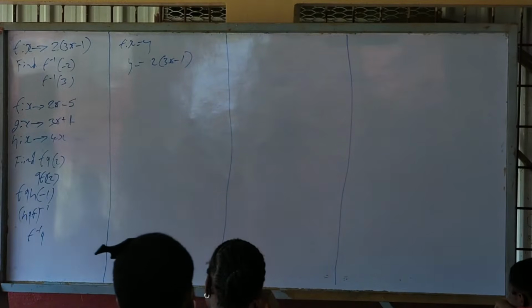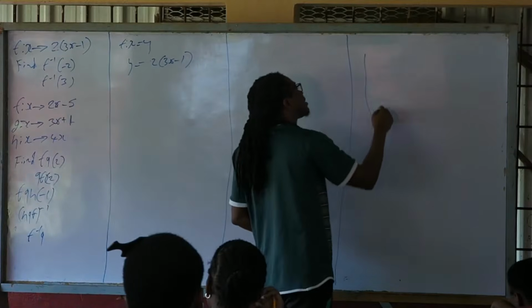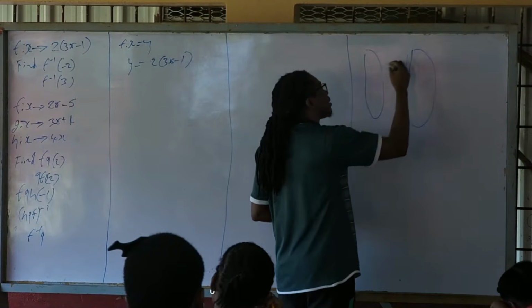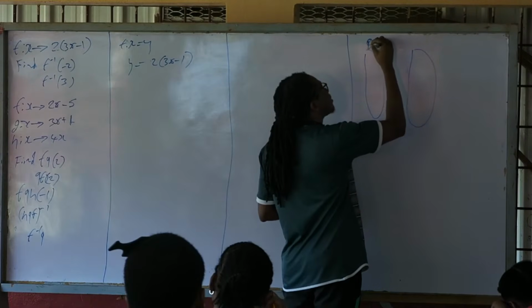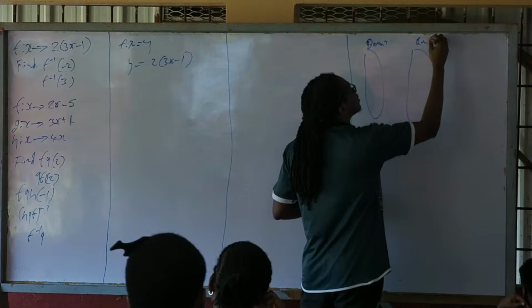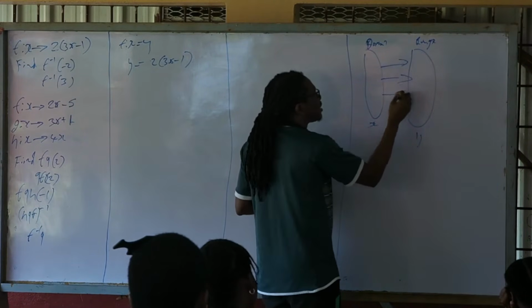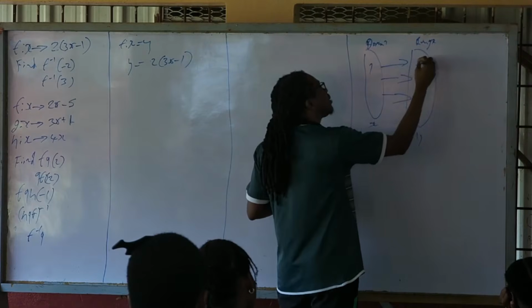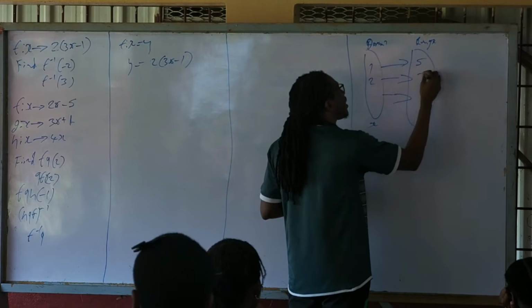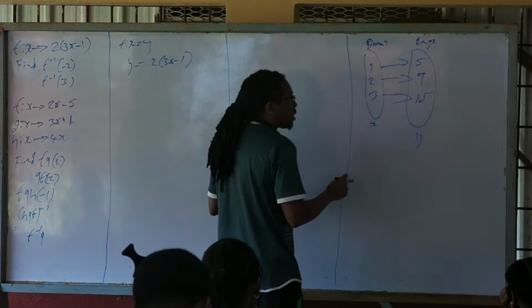The domain is x and the range is y, and it's mapped so that 1 gives 5, 2 gives 9, and 3 gives 15.